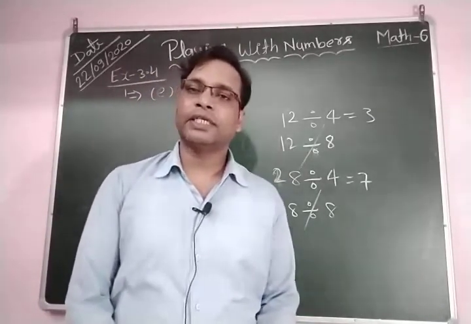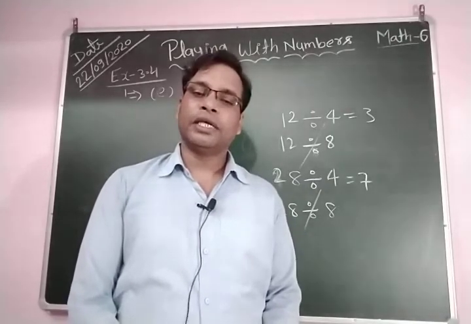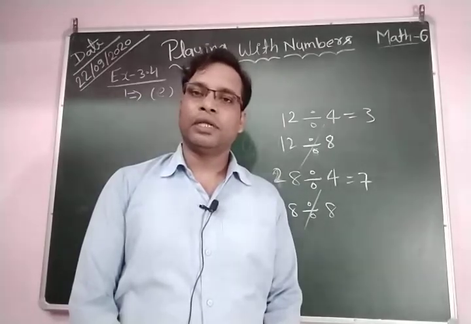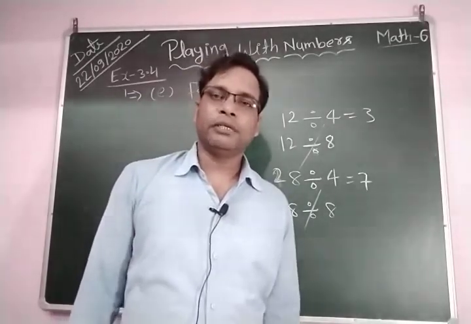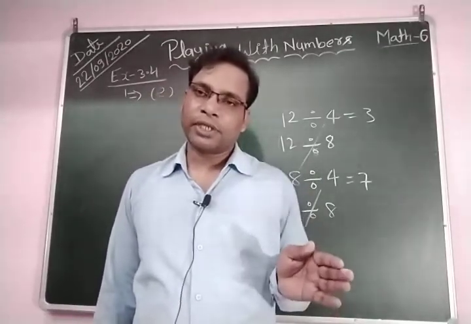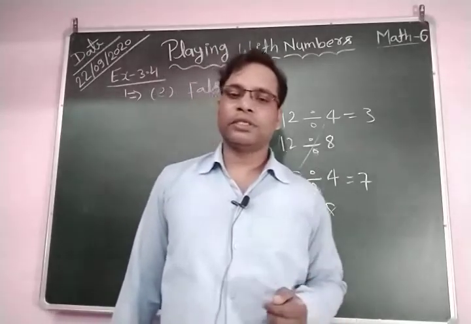For this we take some examples. If a number is divisible by 8, it is also divisible by 4. Here you can see 8 is a multiple of 4. So if 8 divides any number, it means 4 also divides that number. So this is a true statement.